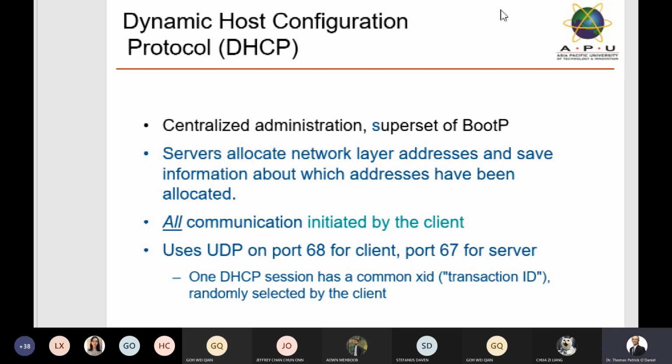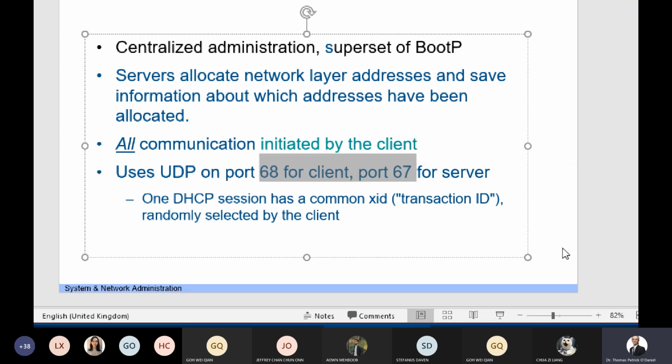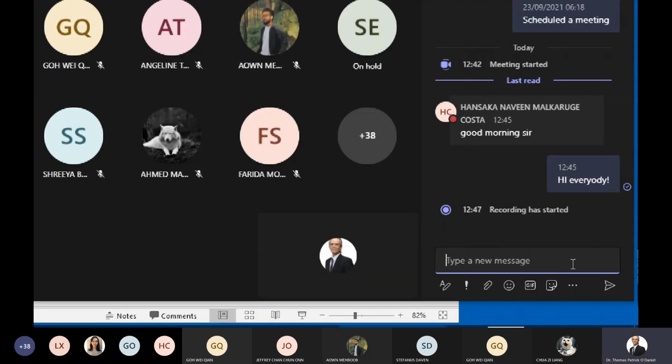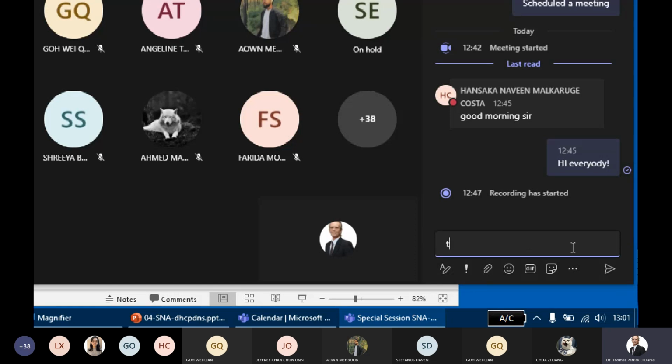And another old legacy part of this is these two ports. Two ports are required for something that you may have heard about.